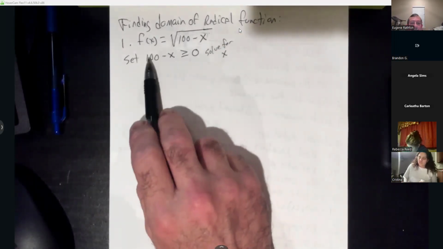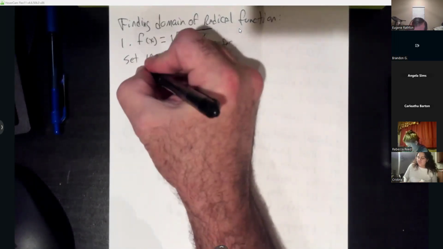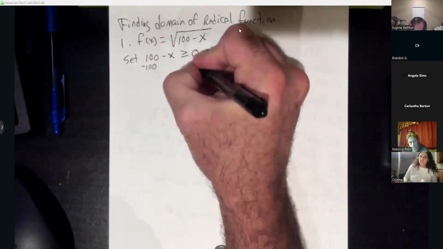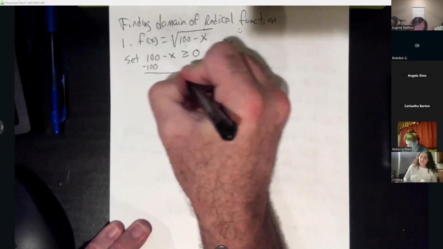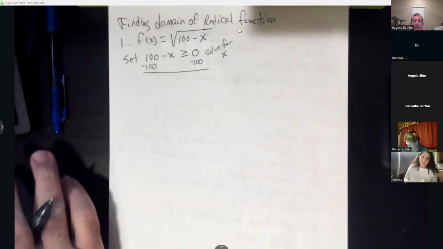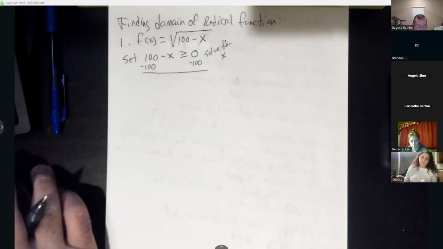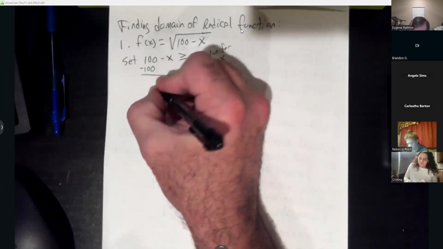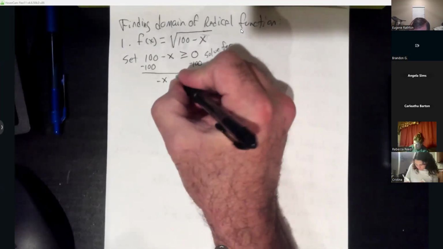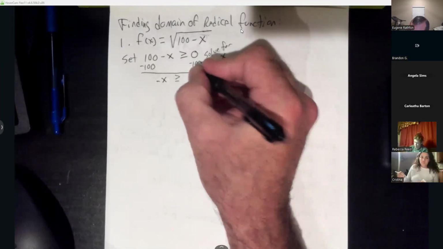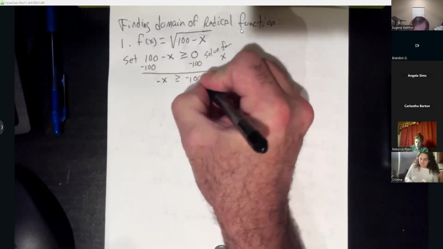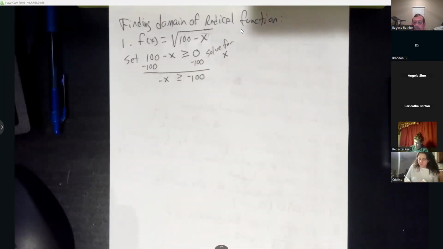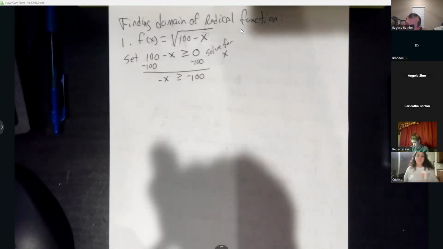To solve this for x, I'm going to subtract 100 from both sides and move that over. So these hundreds over here are going to kick out. So I'm going to be left with negative x greater than or equal to, and 0 minus 100 gives me a negative 100. Now, here's a question for y'all.